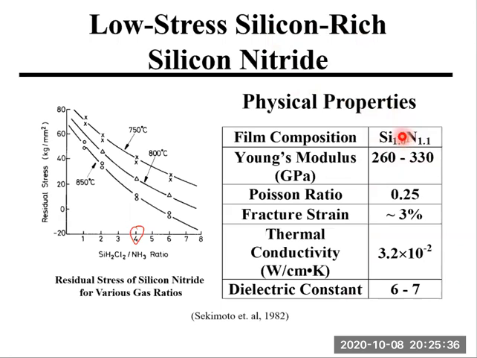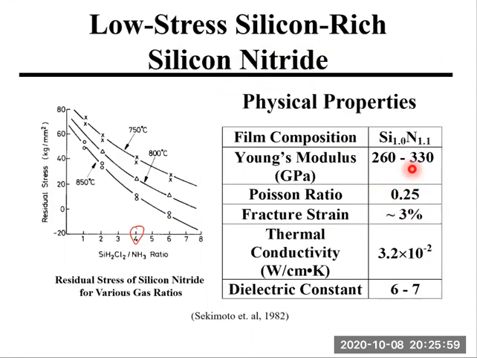It has more silicon than the stoichiometric ratio. And this silicon nitride has a much lower stress. So we call this thin film low stress silicon-rich silicon nitride.